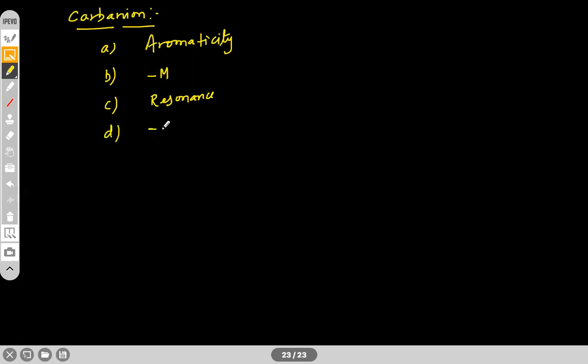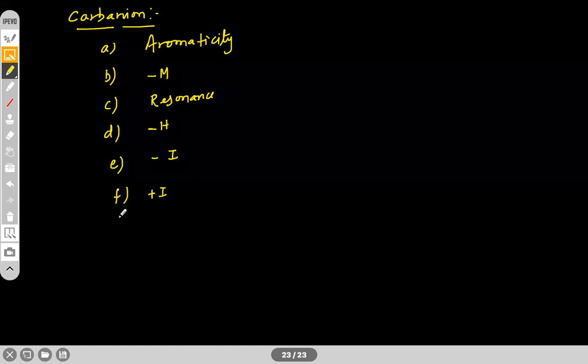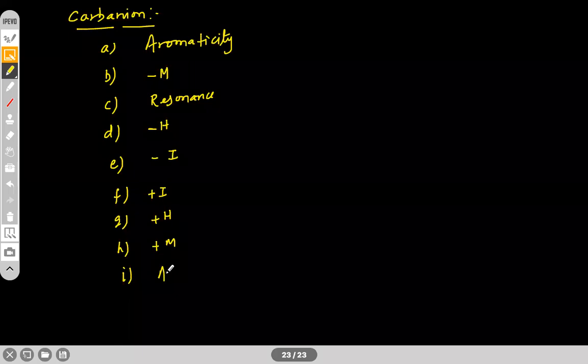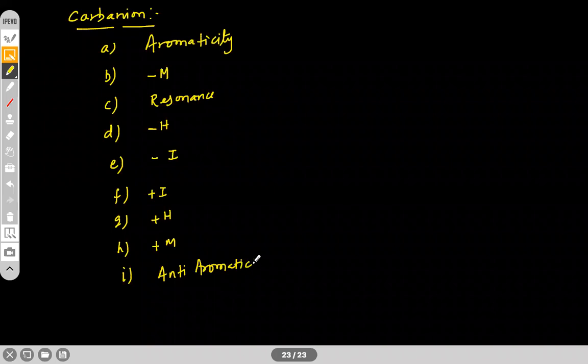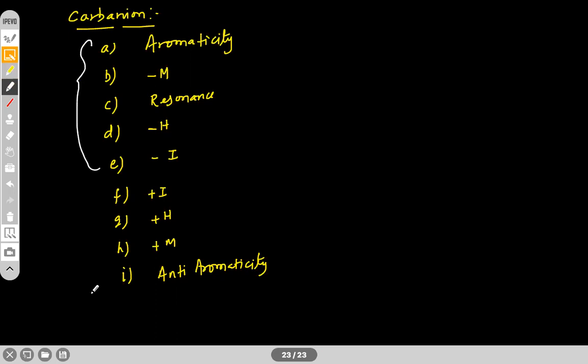Then we have minus H, minus I, plus I, plus H, plus M, anti-aromaticity. Okay, these are stabilizing factors and these are destabilizing.